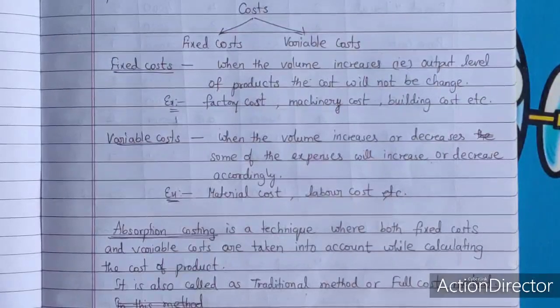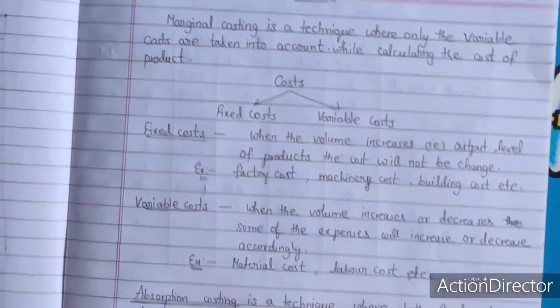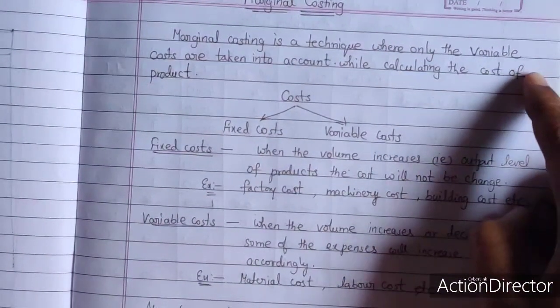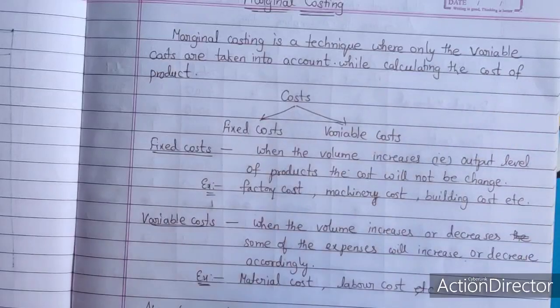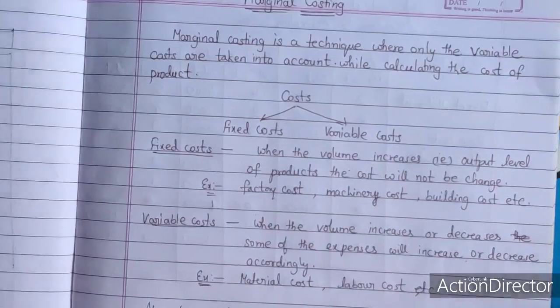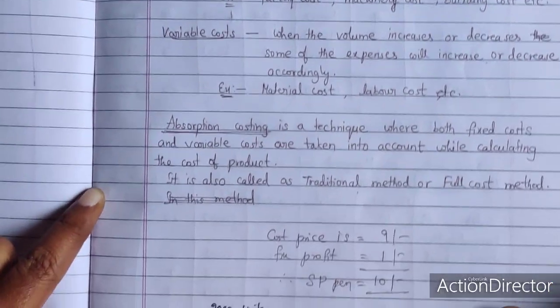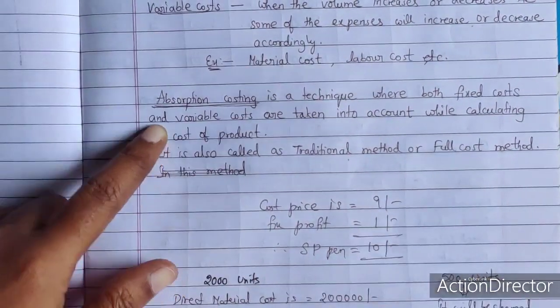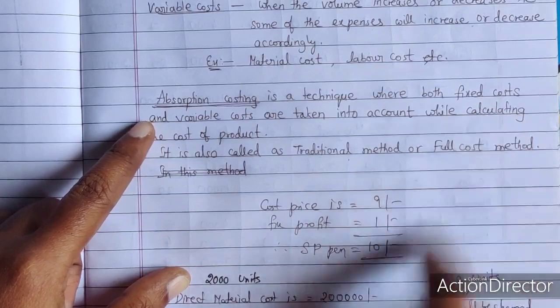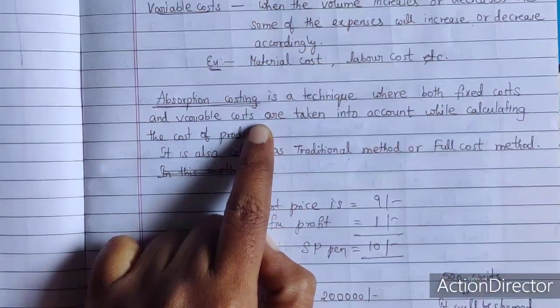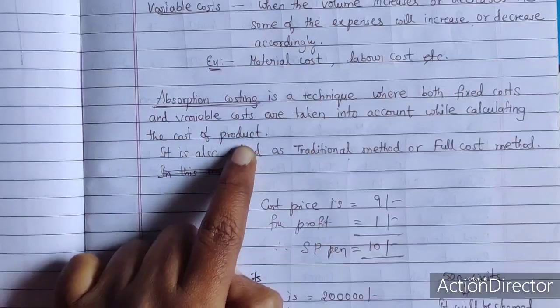So in marginal costing, we will consider only the variable cost to calculate the cost of the product. We will not consider the fixed costs. But in absorption costing, we will use both fixed cost and variable cost to calculate the cost of the product.